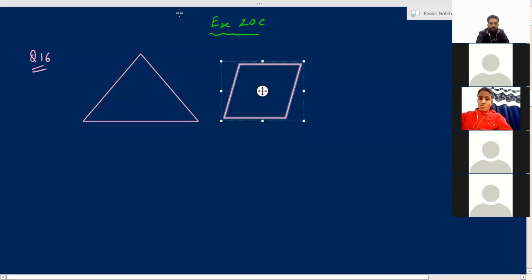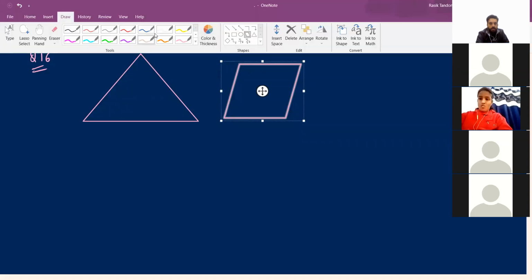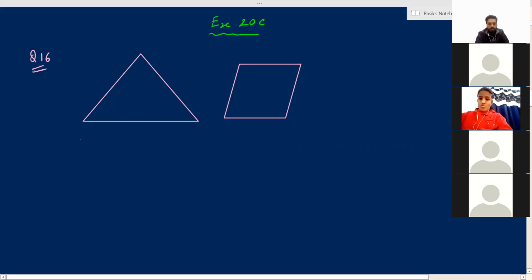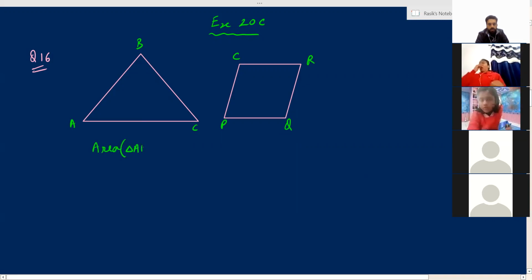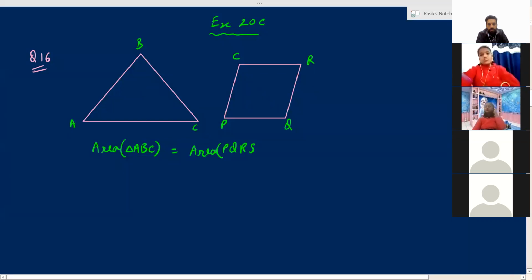In the question, it is given that the area of the triangle is equal to the area of the rhombus. Let's name the triangle as ABC and the rhombus as PQRS. So given that area of triangle ABC is equal to area of the rhombus PQRS.